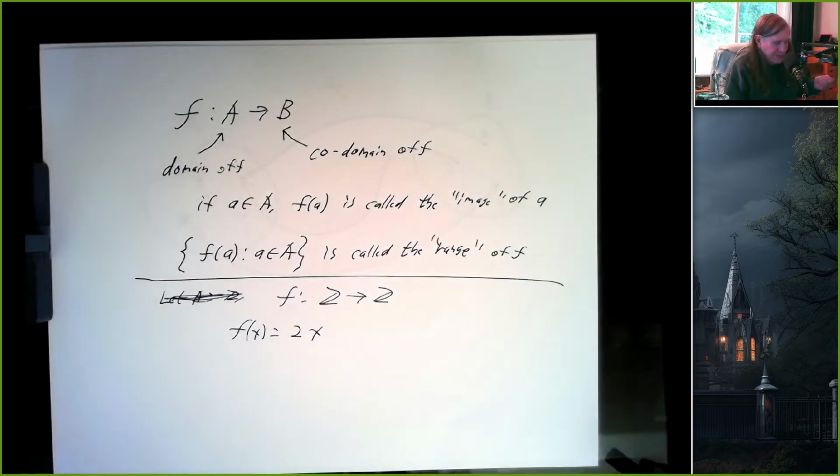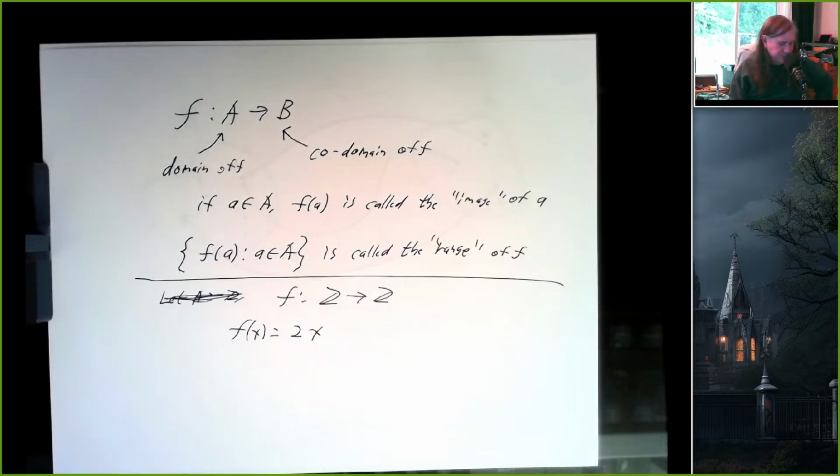Alright, so what is the domain of our function? It's a set of integers, good. What's the codomain of the function? Set of integers, alright. What is the range of the function?